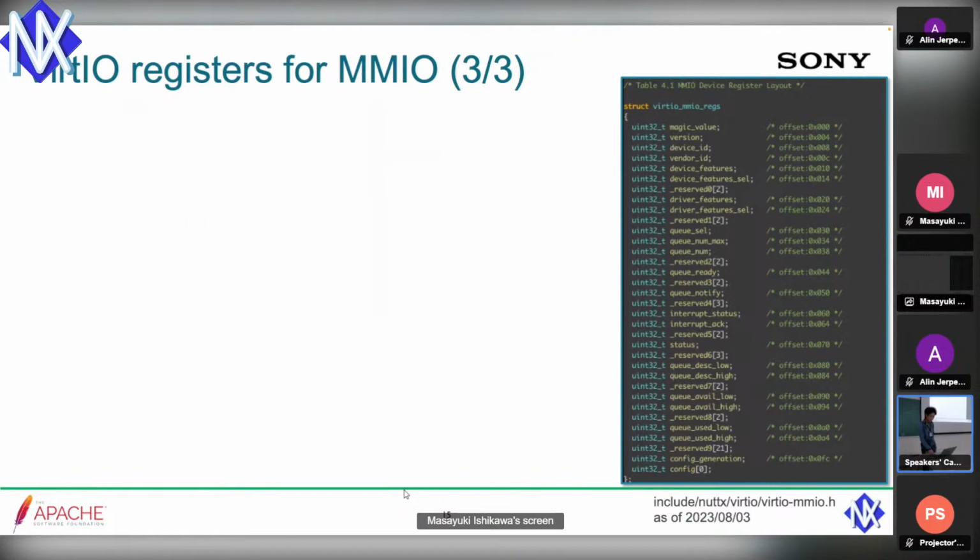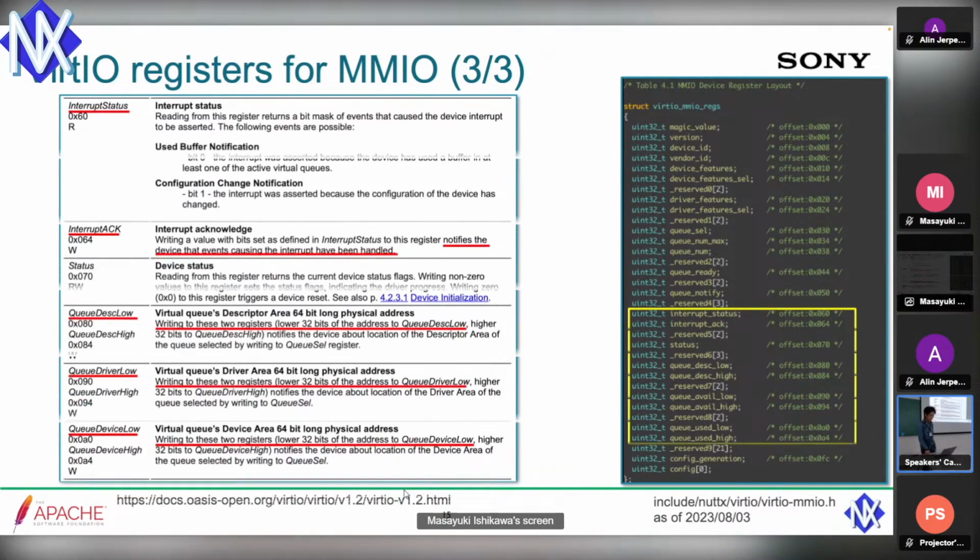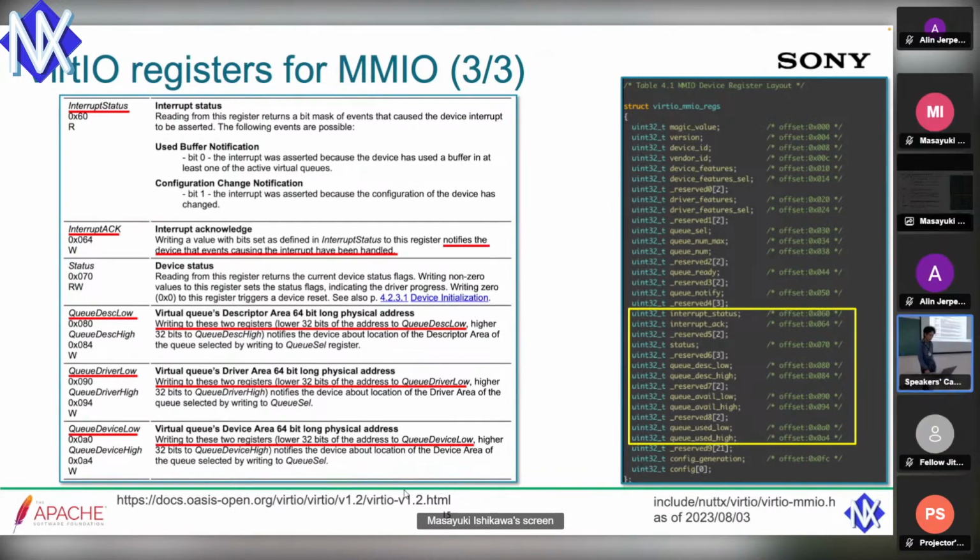For example, interrupt status and interrupt ACK are used in interrupt handlers to check the status and to notify the device that we handled an interrupt. The QueueDesc low and QueueDesc high registers are used to specify a physical address of the descriptor table, and the QueueDriver low and QueueDriver high registers are used to specify a physical address of the available ring in the previous slide.